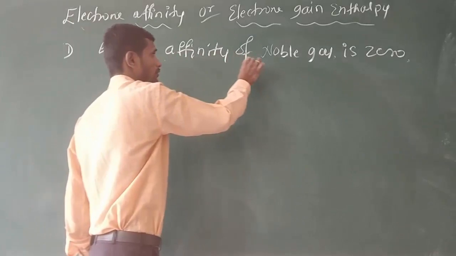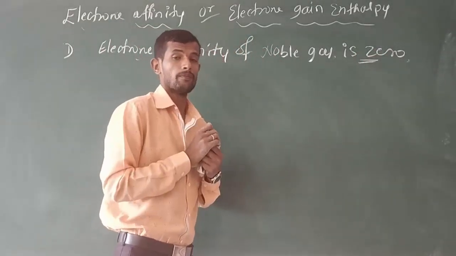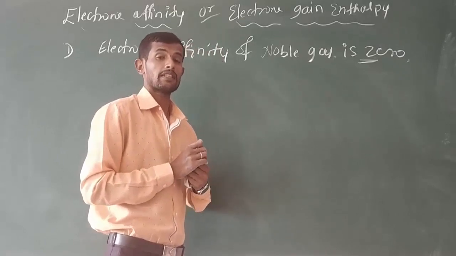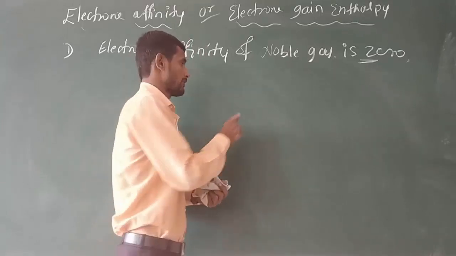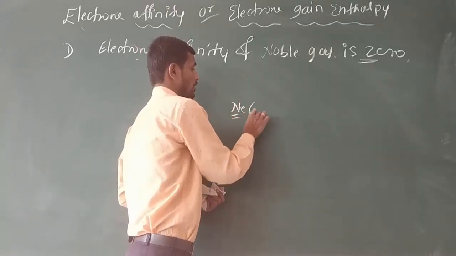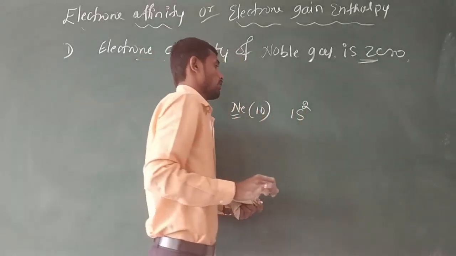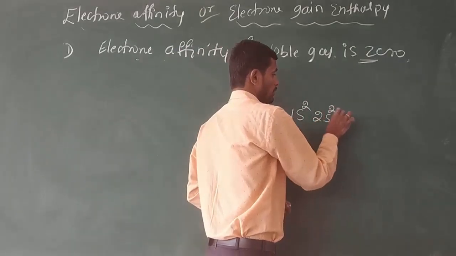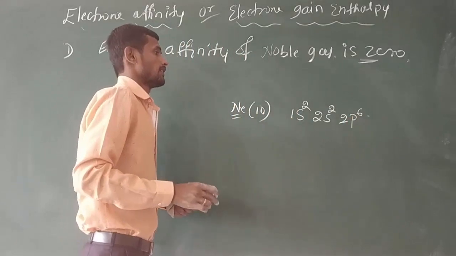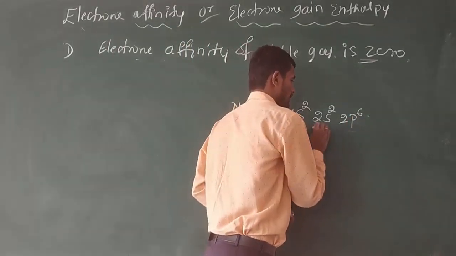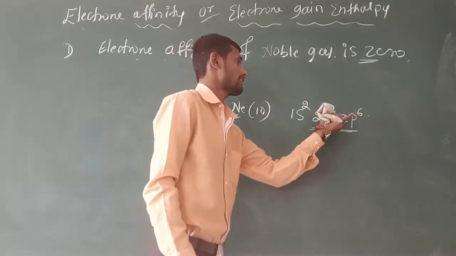We know noble gas means the valence shell has 8 electrons. If you take an example, neon, its atomic number is 10. Is it right? Yes, its electron configuration is 1s2, 2s2, 2p6. In the valence shell, there are 8 electrons.